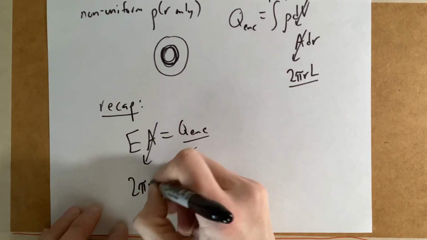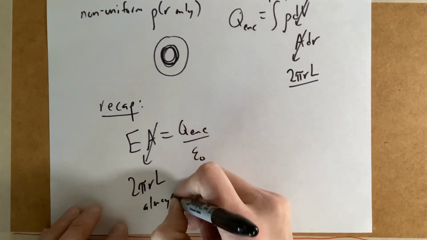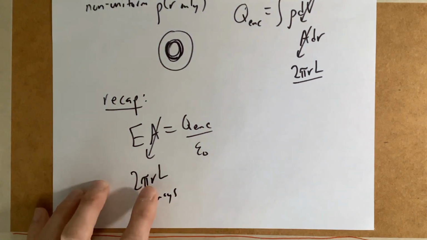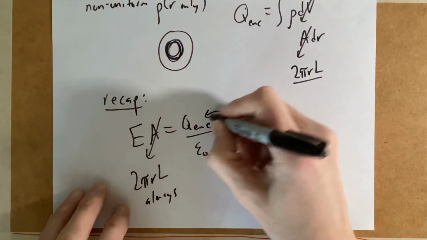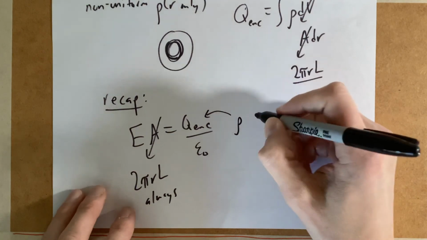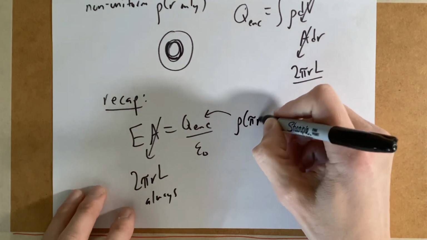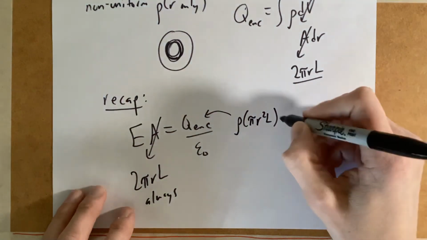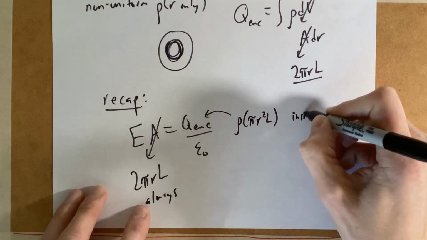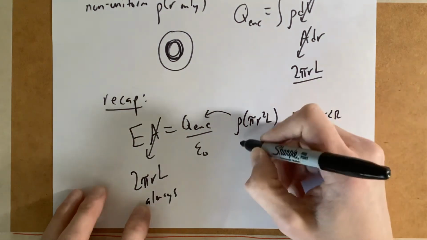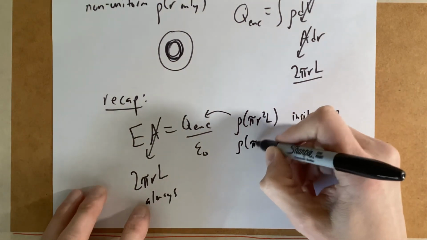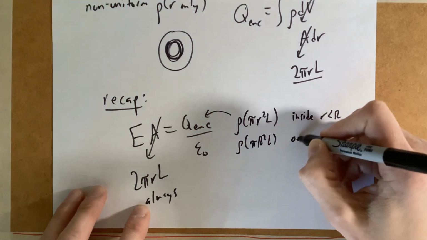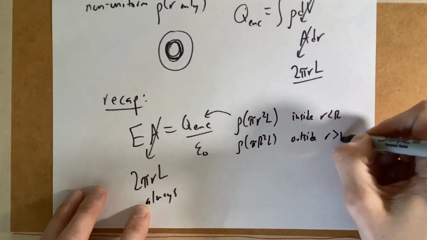A is 2 pi rL always. Don't have to worry about that. That's all always lowercase r. Over here, you could have rho times pi little r squared L. That would be if you're inside. You could have rho pi big R squared L if you're outside. That's the only decision you have to make.